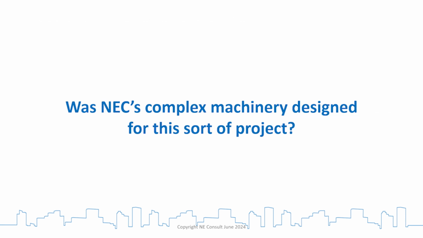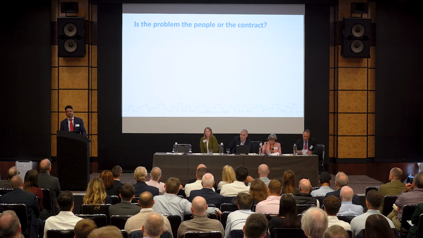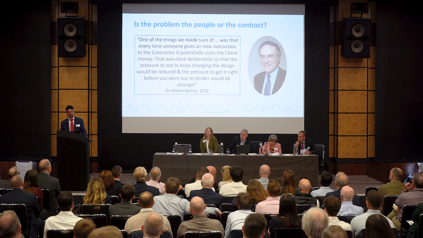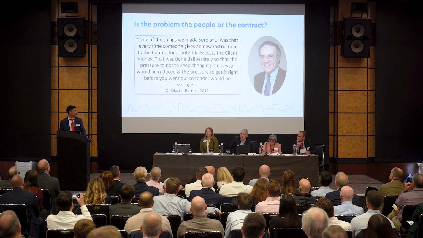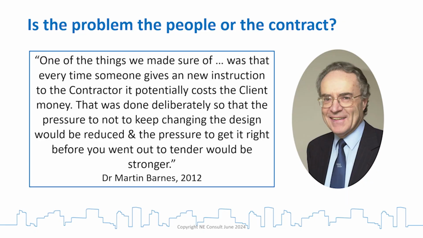So the question is, was NEC's complex contract machinery designed for this sort of project? What's the problem? Is it the people or the contract? Hopefully you recognize the gentleman on the right-hand side of the screen there. In what may be one of the last recorded videos that Martin did, he said this, a reminder that this should never have happened.